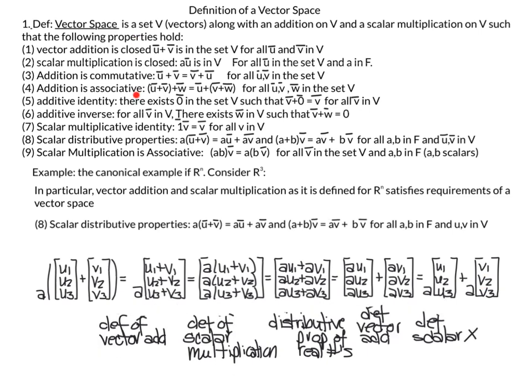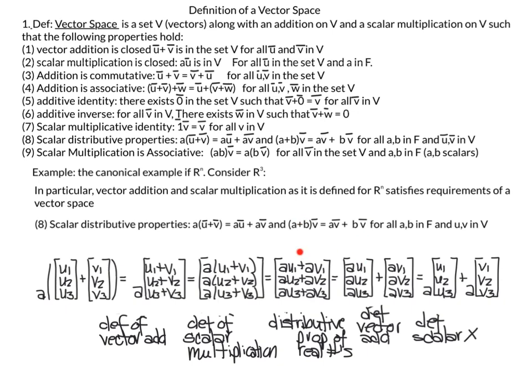And I know I said I would do all of these steps. There is a second part of this step which I'm going to skip, but it's the scalar (a plus b) times the vector v will be equal to the scalar a times the vector v plus the scalar b times the vector v.